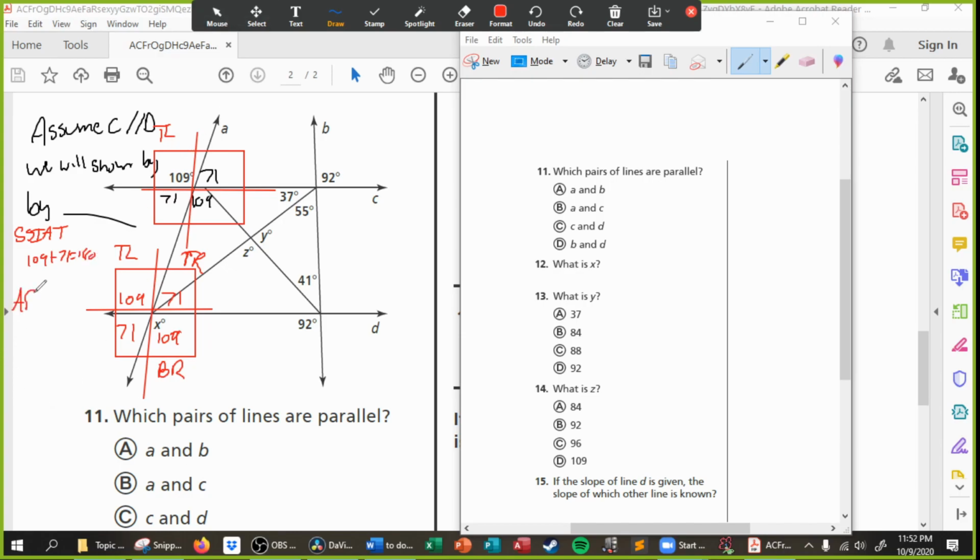I can do the alternate exterior angles theorem. That's this one and this one. Since they're the same, I can say it's true by that. I can do corresponding angles because that's how I built the thing. So probably not the best idea to use the method that we used in our proof as the pure justification.